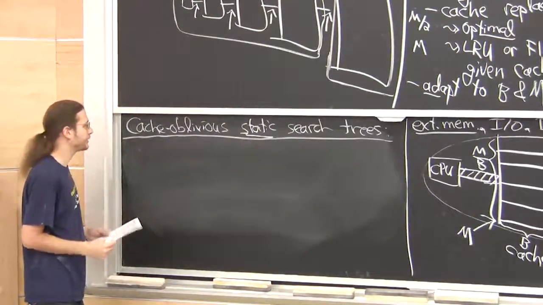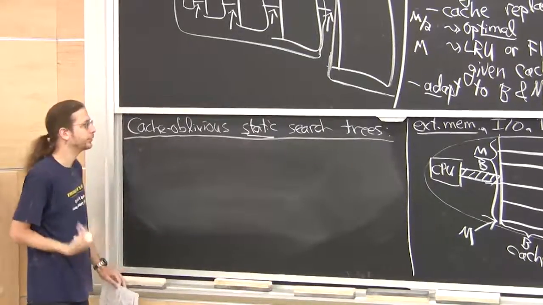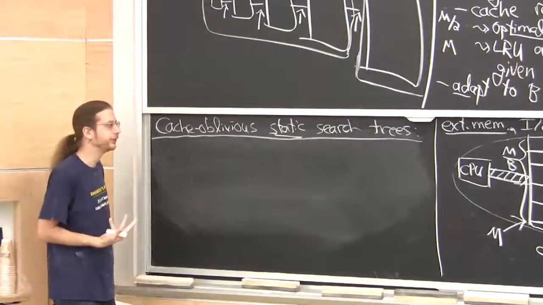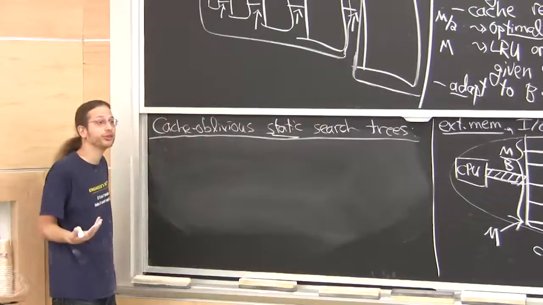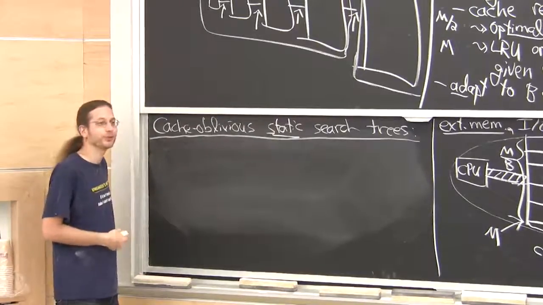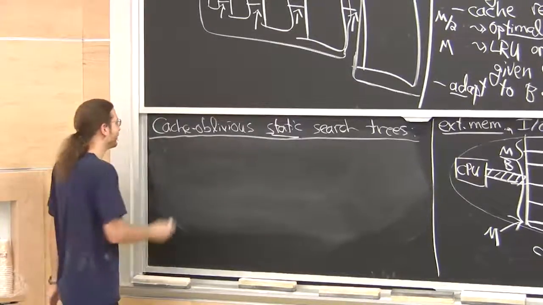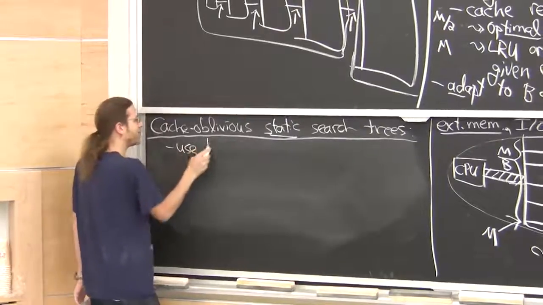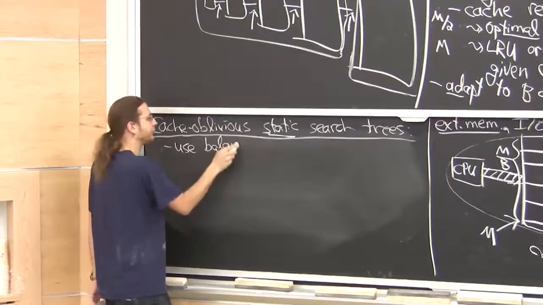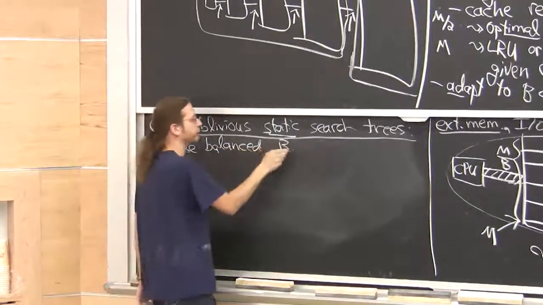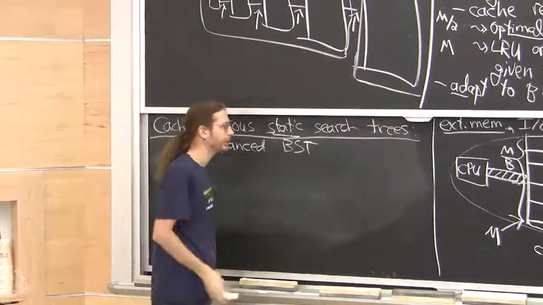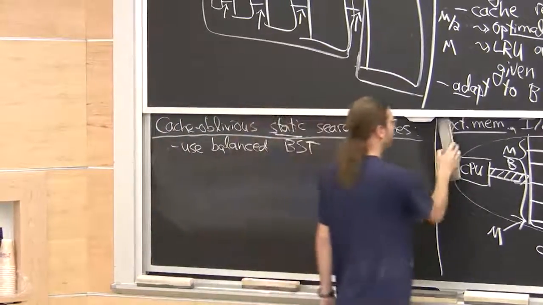So the idea is very simple. We can't use B trees because we don't know what B is. So we'll use binary search trees. Those have served us well so far. So let's use a balanced binary search tree. And because it's static, we might as well assume it's a perfect balanced binary search tree. So let me draw one over here.